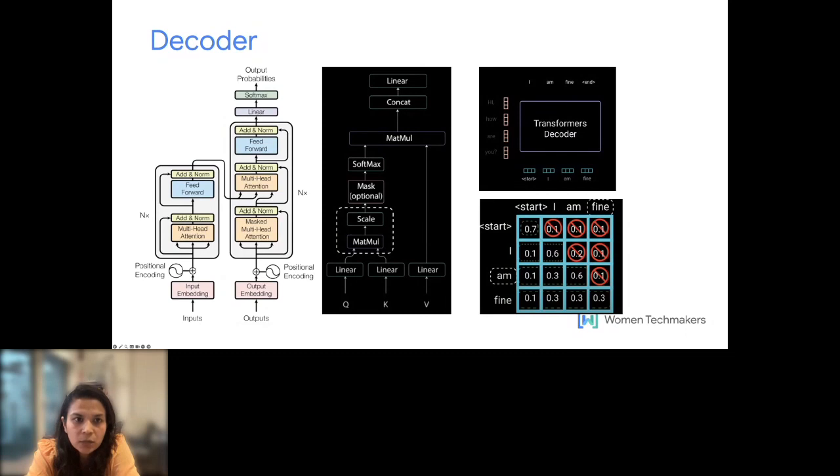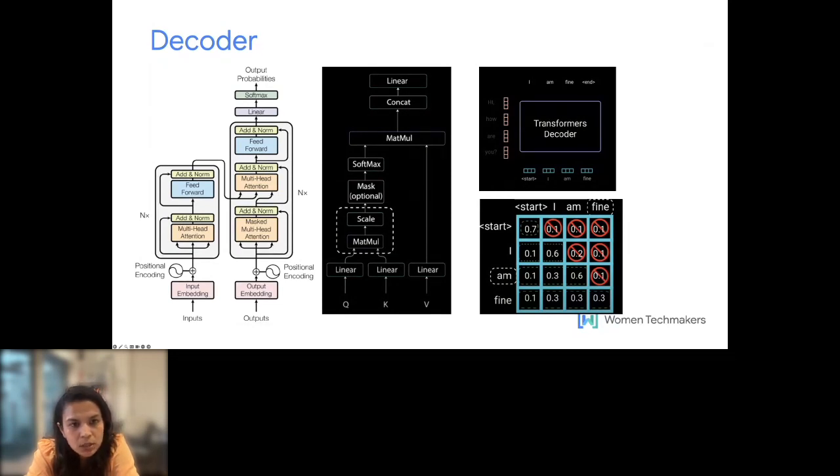Now that empty token and the word "I" is again fed to this decoder architecture. It will take two tokens as input, the empty token and "I." It will feed that here, again take the encoded outputs from the encoder architecture, feed them in here, and then generate another token, "am."